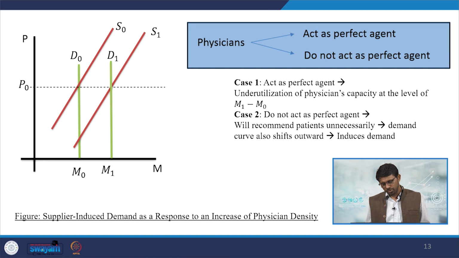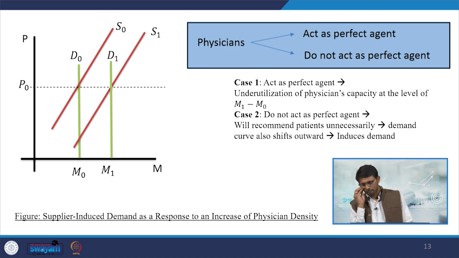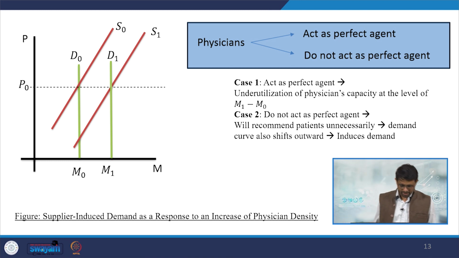In this case they will recommend patients unnecessarily as a supply side inducing factor. Hence that changes the demand curve, and there is a shift of the demand. This is called induced demand, or this induces demand. This is what is emphasized.